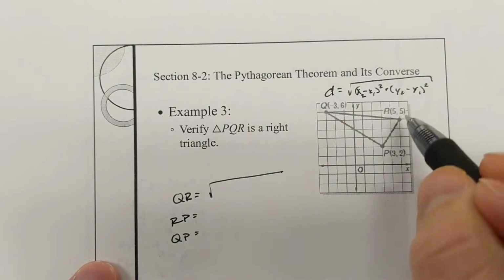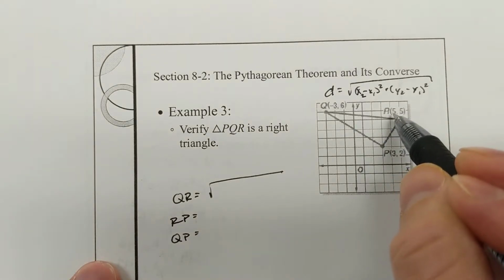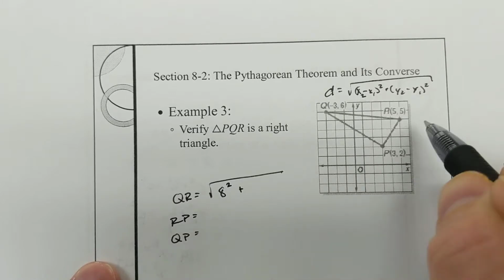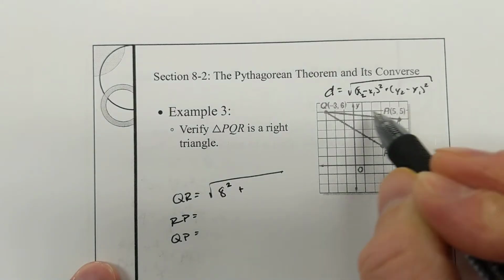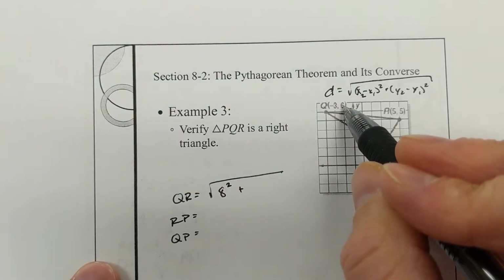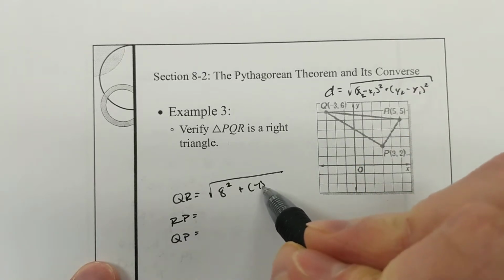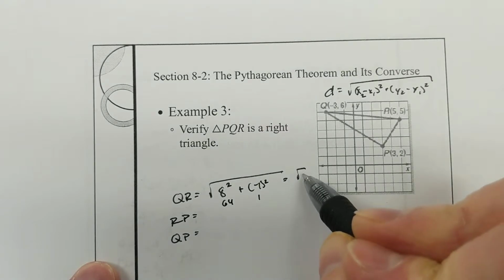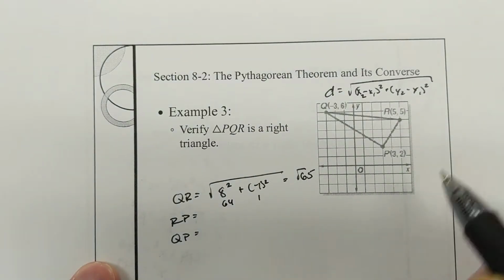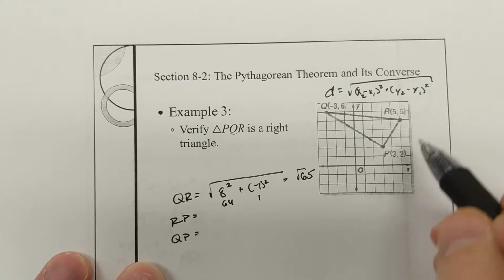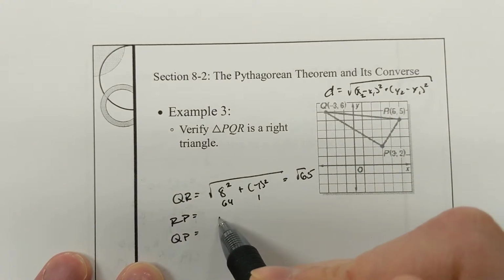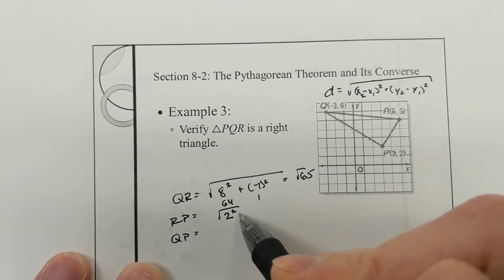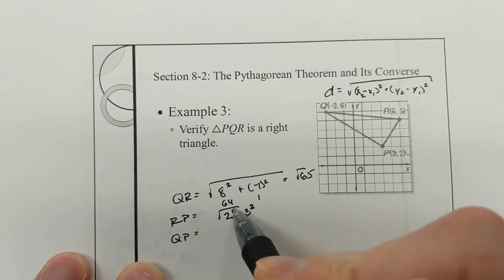So for QR, x minus x, 5 minus negative 3 is going to be 8 squared. Y minus y, 5 minus 6 is negative 1 squared. So that's 64, that's 1, so this is the square root of 65. For RP, x minus x is 2 squared, y minus y is 3 squared.